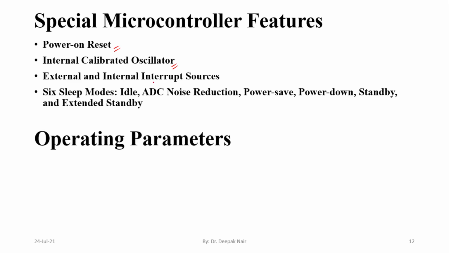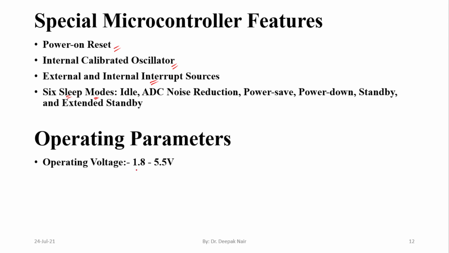And you can have external interrupts which can execute very important events or very important programs in a very fast way. Along with that, there are 6 modes in which you can make the microcontroller sleep or take into standby mode in case you need to save the power.